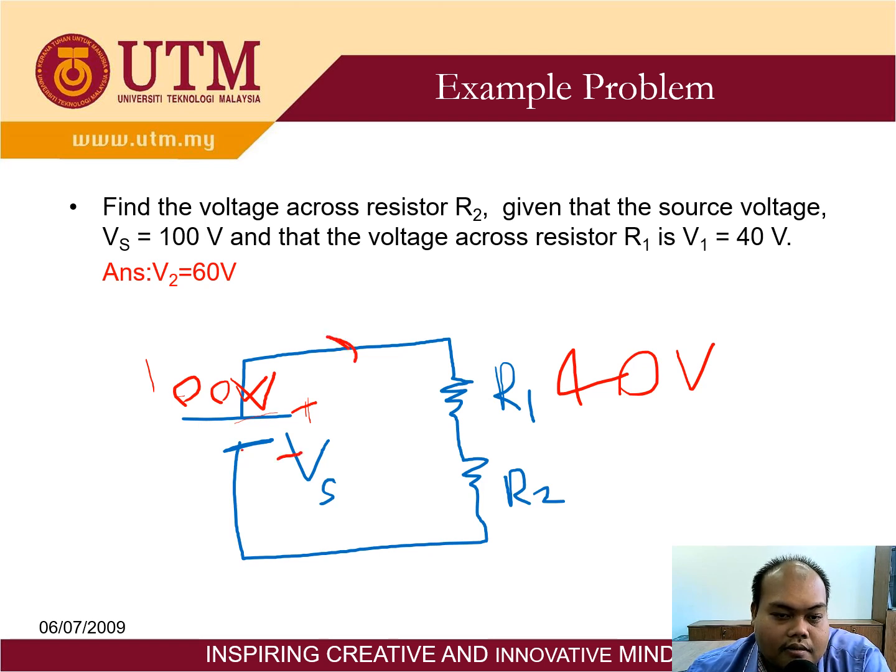So the direction of current is like this, and these become positive and negative, positive and negative, because this is a passive element.